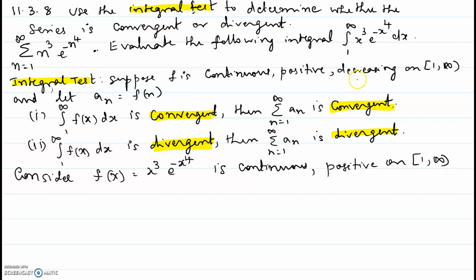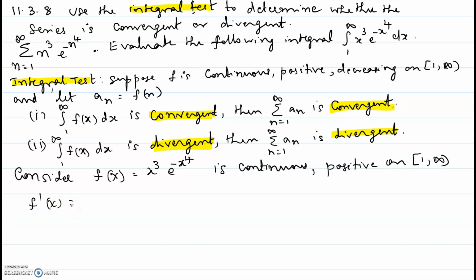We should also prove that the function is decreasing on the interval 1 through infinity. Sometimes it is obvious, sometimes we have to apply the first derivative test. So let's consider the derivative of the function f of x.